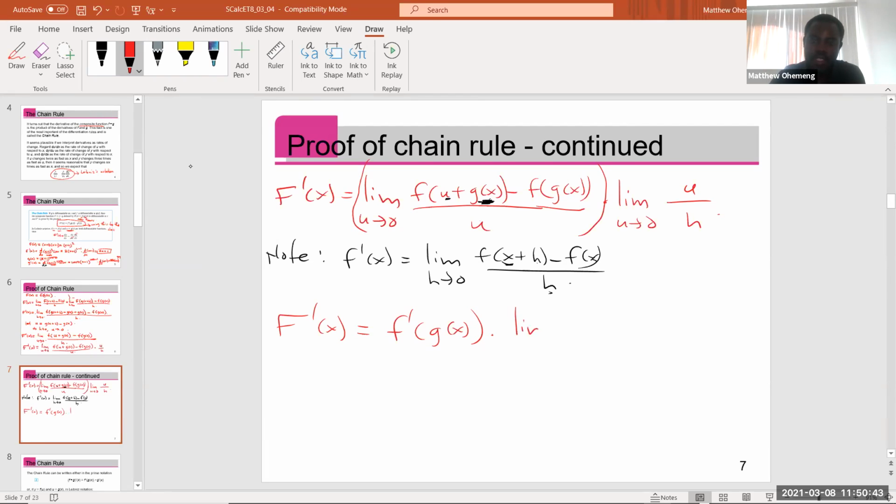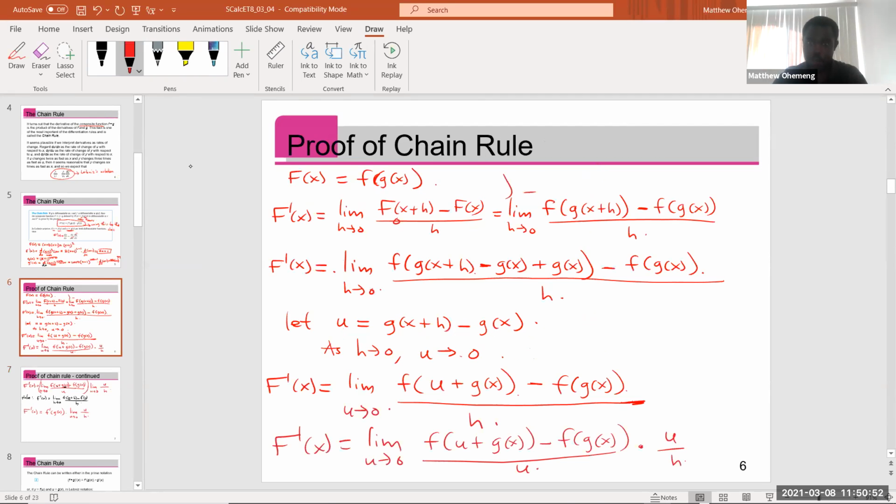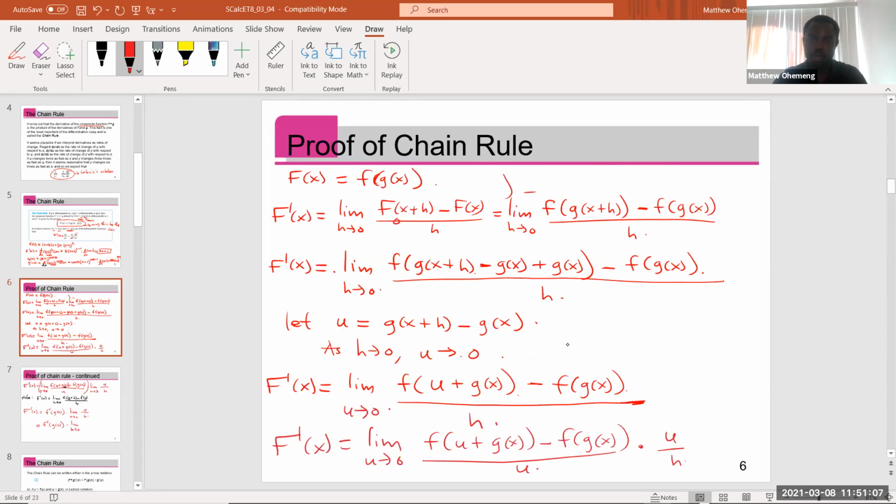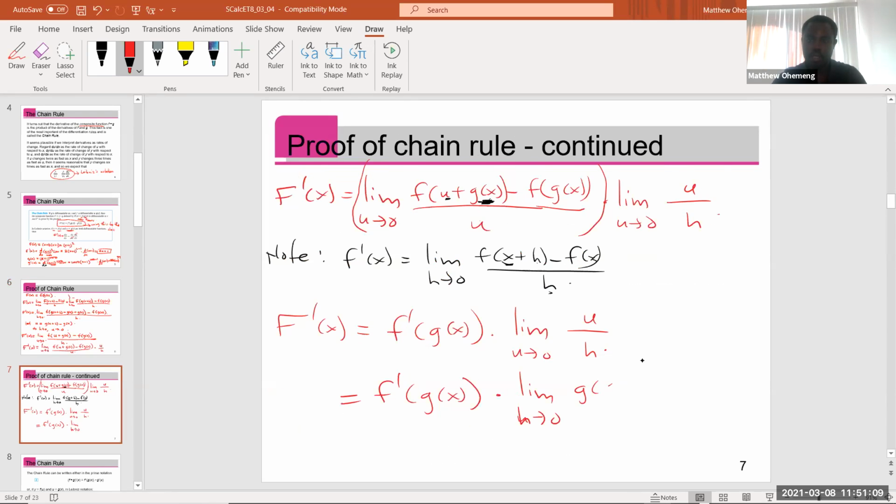Now the final piece is this limit as u approaches 0 of u over h. The tactic we are going to employ is, what is u? Well, u is g of x plus h minus g of x, and that u approaches 0 as h approaches 0. So if I want to change everything back to h, I have the limit as h approaches 0, and u is g of x plus h minus g of x all over h.